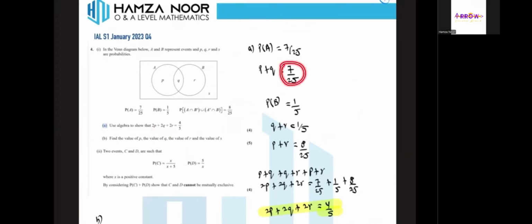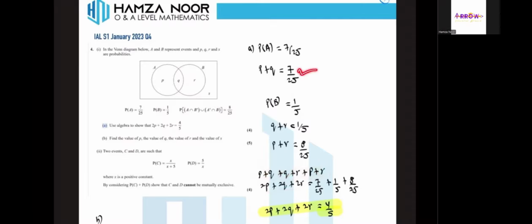So if we add all these three values, what are we actually adding? P plus Q, plus Q plus R, plus P plus R. Meaning P is 2 times, Q is 2 times, and R is also 2 times, which essentially means 2P plus 2Q plus 2R.